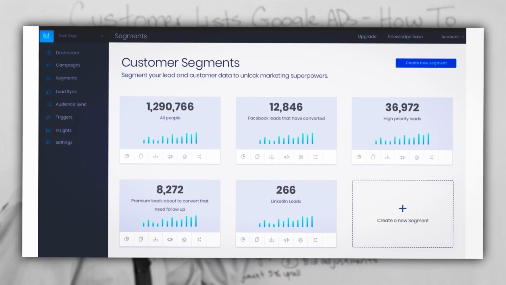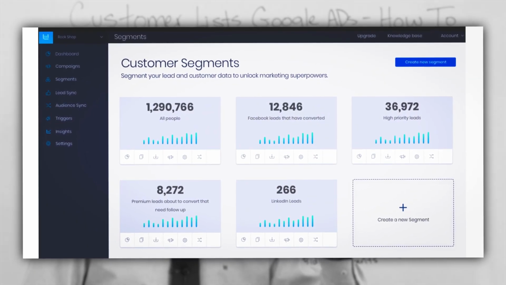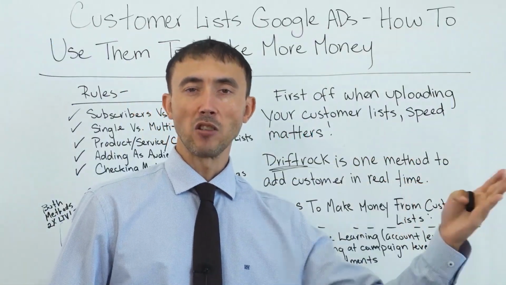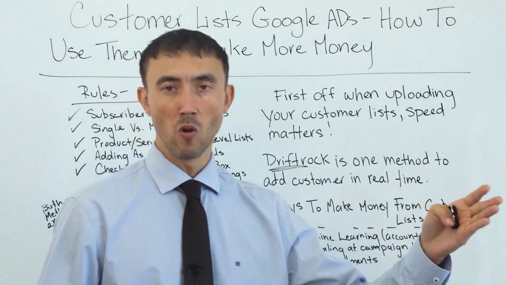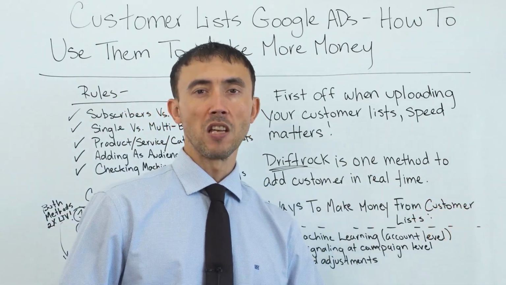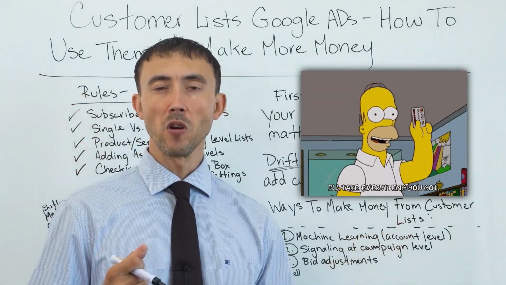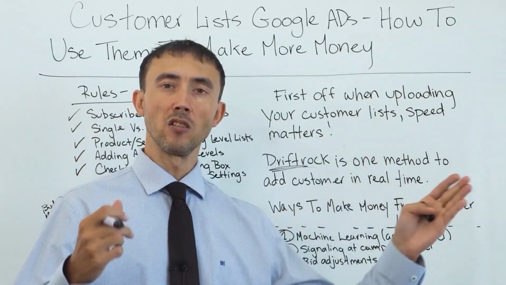DriftRock is the one that I would recommend, but there are others, and I'm not getting paid by them or anything. That's just one example of a great software you can use to get customer data to Google Ads in real time. So as soon as somebody buys from your site, it immediately gets sent to Google.